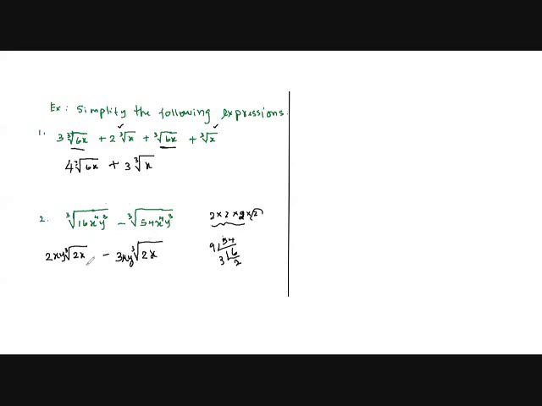So they are the same term, so you can sum it up. But this one plus, this one minus, so we subtract: negative 2 plus 2xy, right? So we're going to have negative xy times the cube root of 2x. Okay, so this is going to be the final answer for this question.